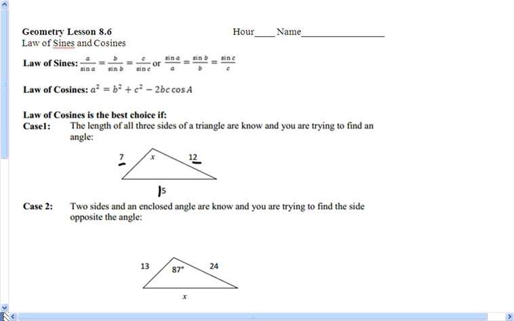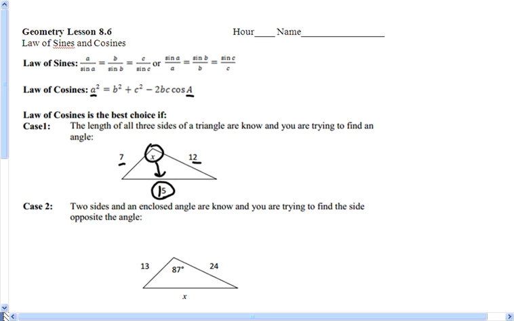First thing we have to do is determine which side is relating to x in this problem. That would be this one, 15, and we always use the sides opposite. So in using the law of cosines, our a right now is 15. Our b and c are the other 2 sides. It doesn't really matter which we put where. And then our cosine of a is the angle x there.